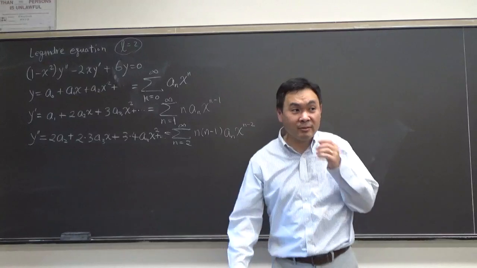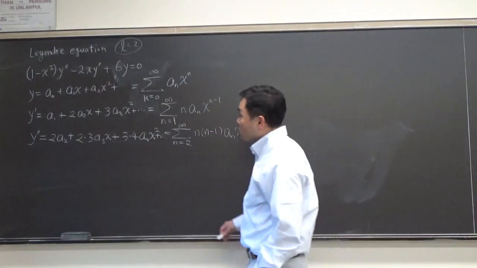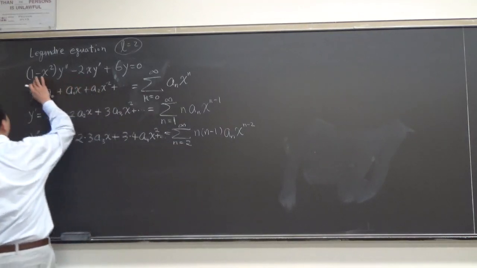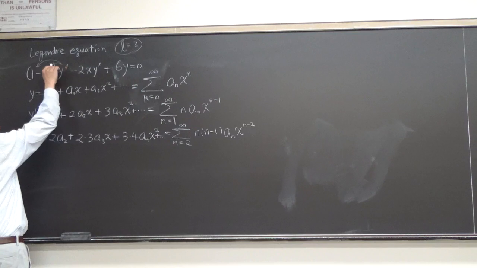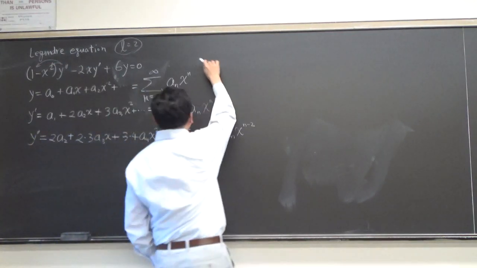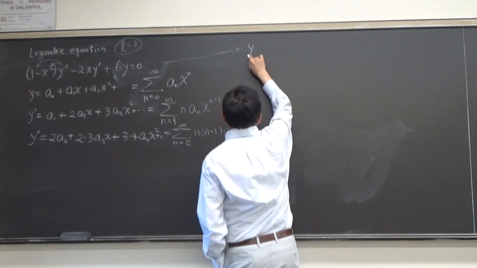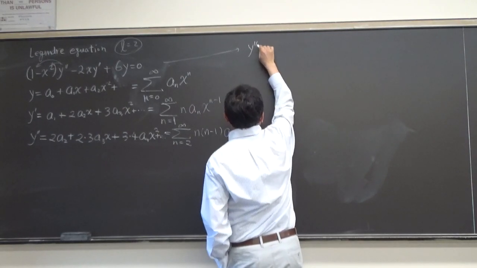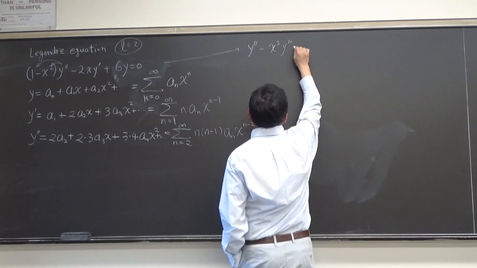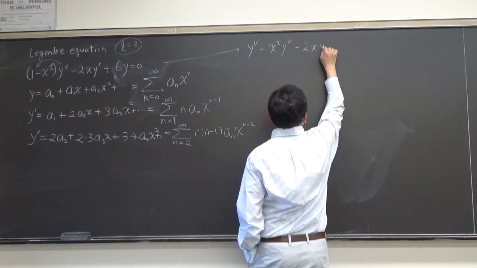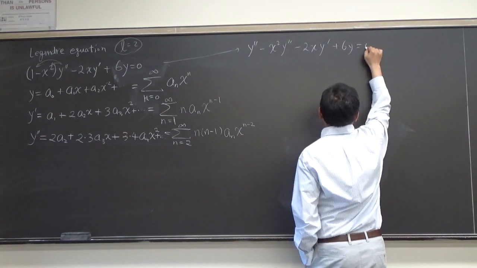Oh, but before that, this is what I suggest for any solution using power series. If you have multiple terms as coefficients, you want to distribute them out before you plug it in. So I'm going to rewrite this one as y double prime minus x squared y double prime minus 2x y prime plus 6y equal to 0.